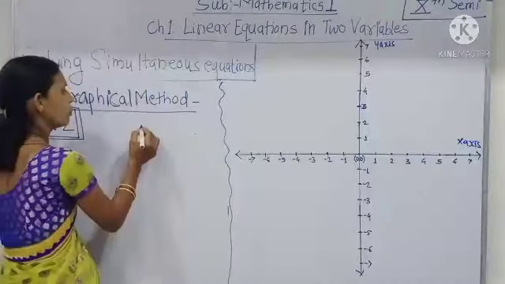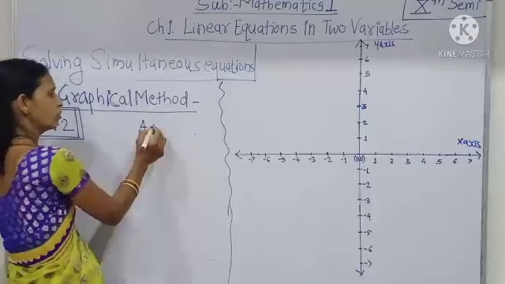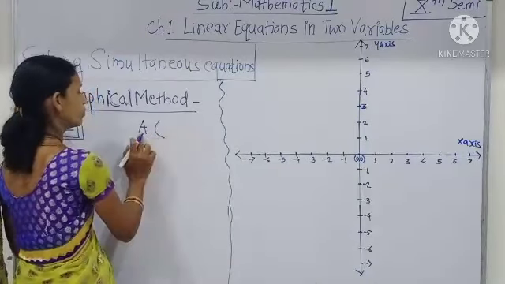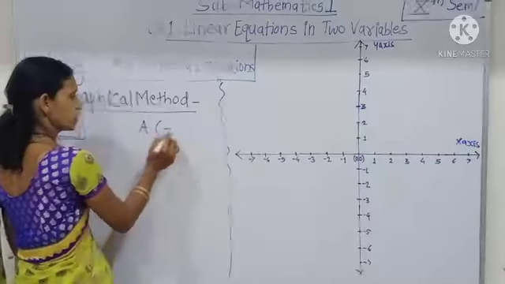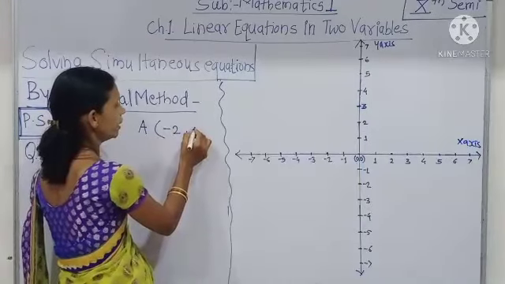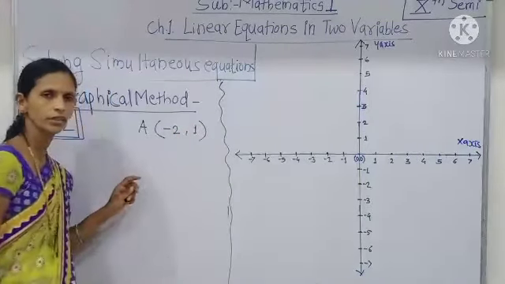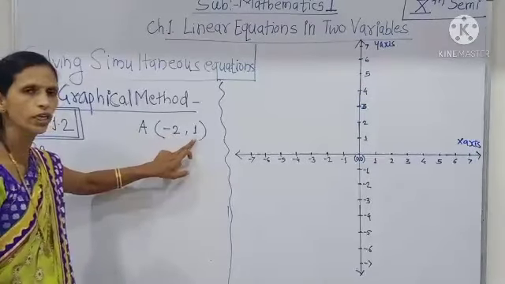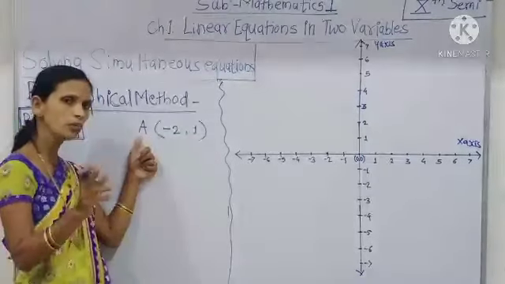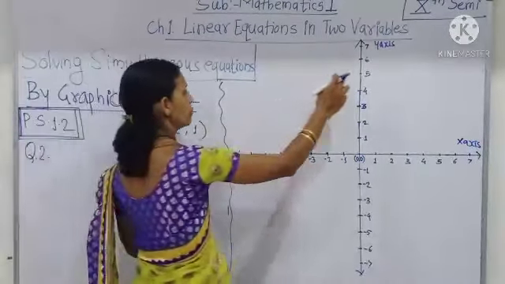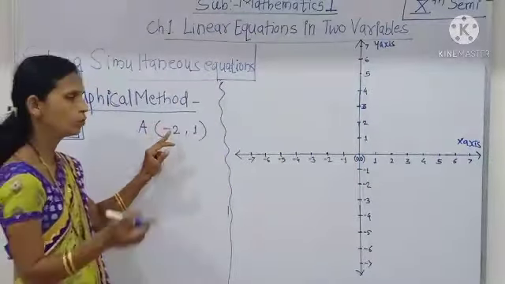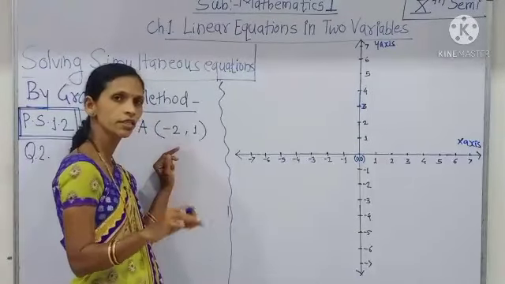If we know the x and y coordinates of any point, for example A, the ordered pair of x and y coordinates of that point A, suppose -2 is the x coordinate of point A and 1 is the y coordinate, that is, (-2, 1) is the ordered pair of that point A. If we know the ordered pair for any point, then we can plot the point on this Cartesian system. See here how to plot the points. You have already studied about that.